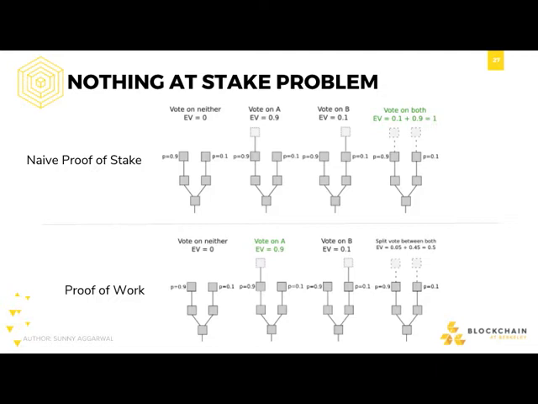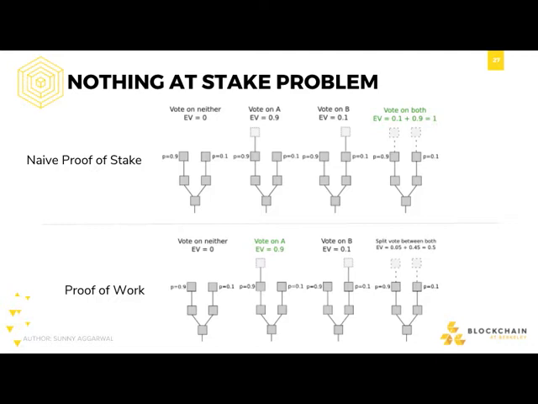So obviously if you vote on neither, your expected value is 0, and if you vote on just A, your expected value is 0.9. And if you vote on B, your expected value is 0.1. And you don't lose anything if you vote on both. So if you vote on both, your expected value is the sum of both, which is 1.